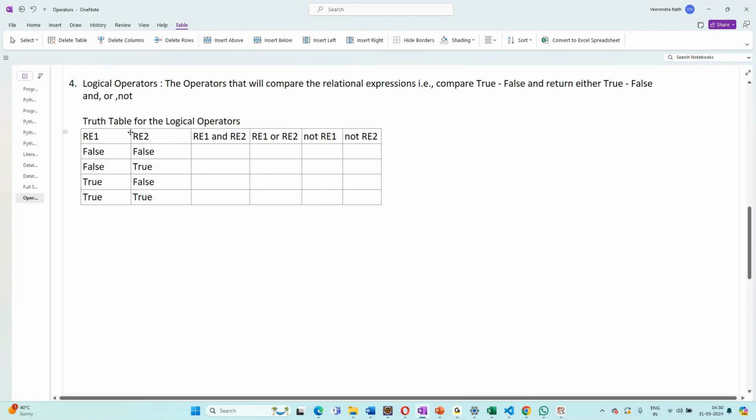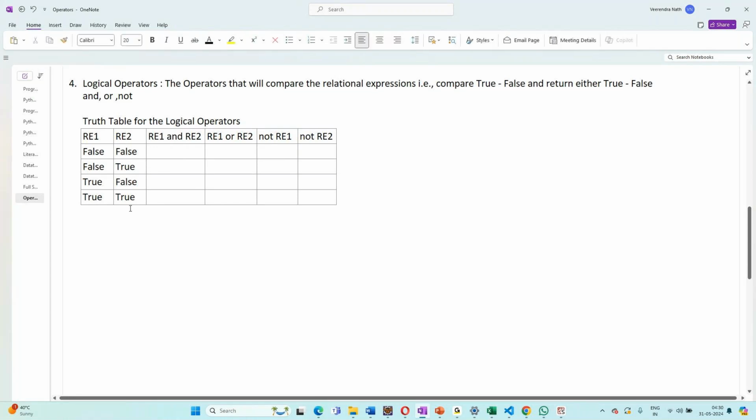Now the first comparison is with the and operation. The and operation will return... I'll write here.